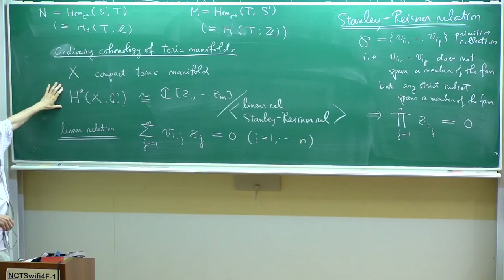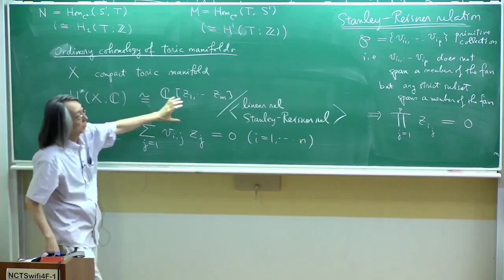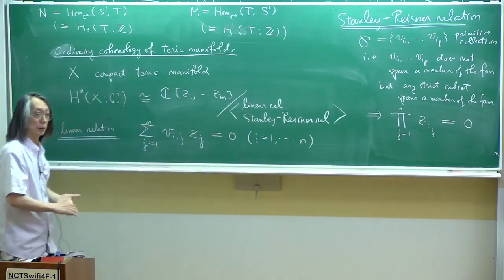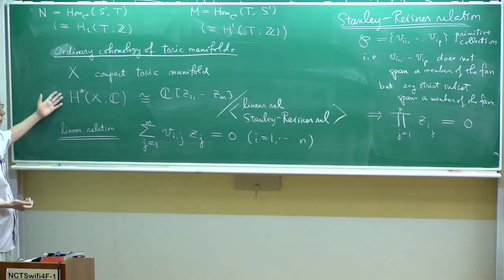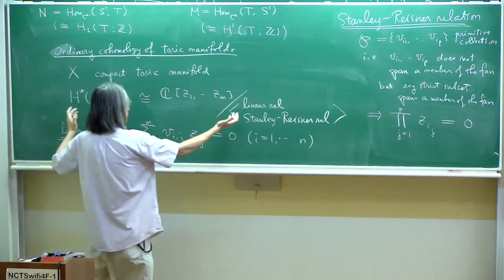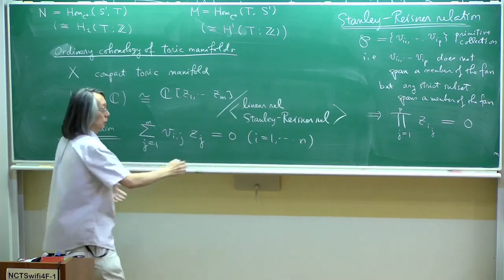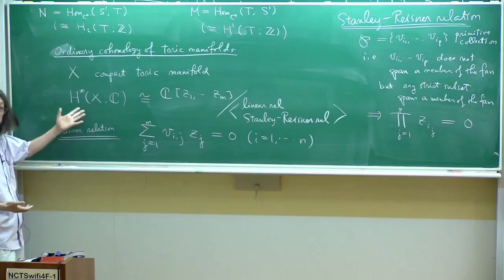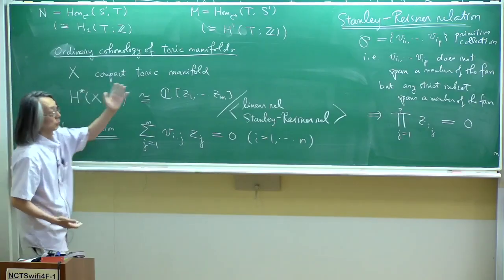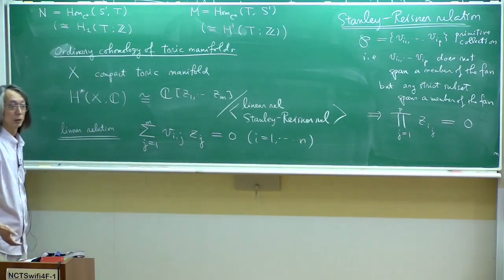And when we consider quantum cohomology, somehow this part must be modified. In the Fano case, the so-called Fano toric variety or manifold case, we can keep this linear relation and just deform the Stanley-Reisner relation, and then we get this isomorphism for quantum cohomology with something like this.